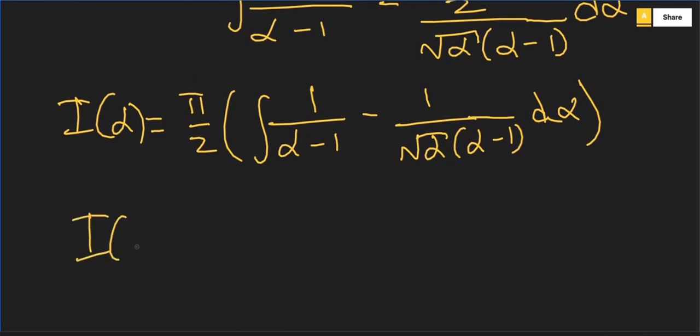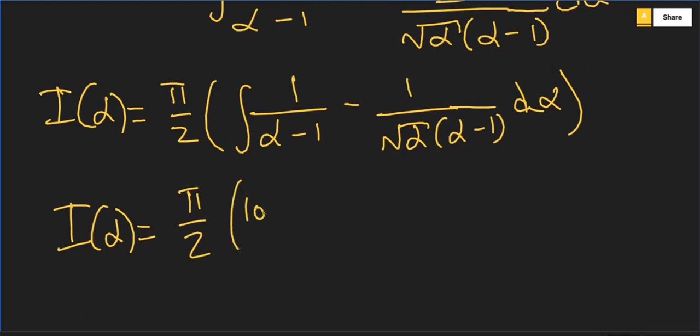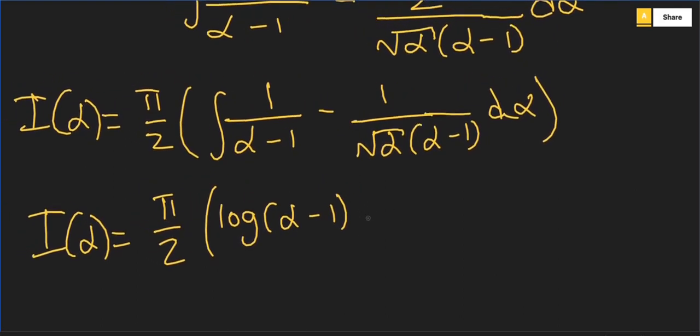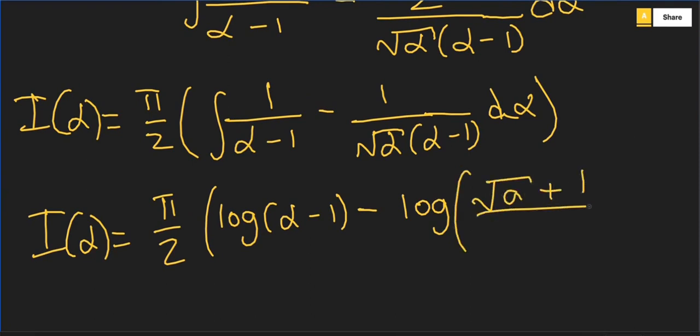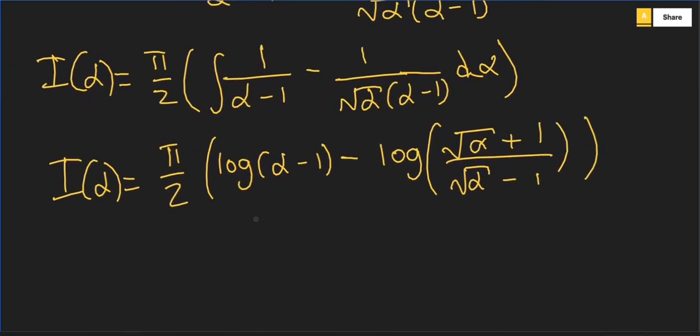So now we have I of alpha equal to pi by 2, and then this is going to be log alpha minus 1, and then minus log of root alpha plus 1 by root alpha minus 1. So that's our I of alpha.